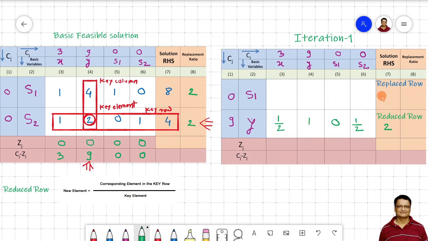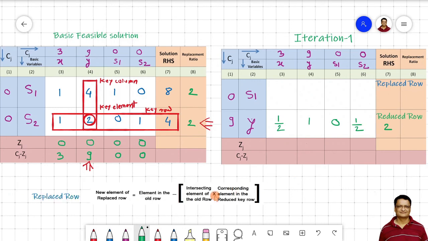And now it is time to get the elements for the replaced row, for which we are going to use this formula. So the element in the replaced row at this position will be given by the element in the old row, that is 1, minus the intersecting element of the old row, that is 4.